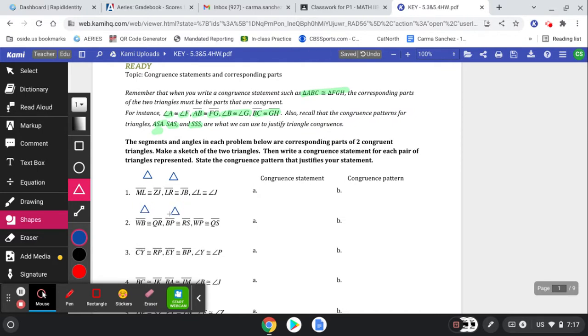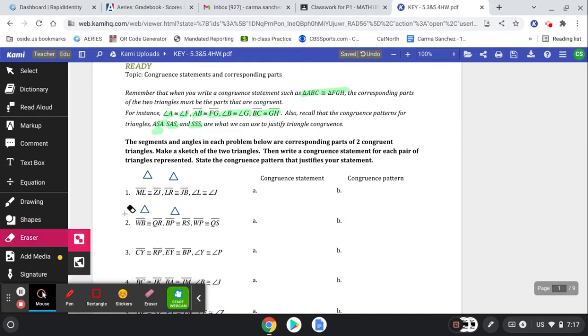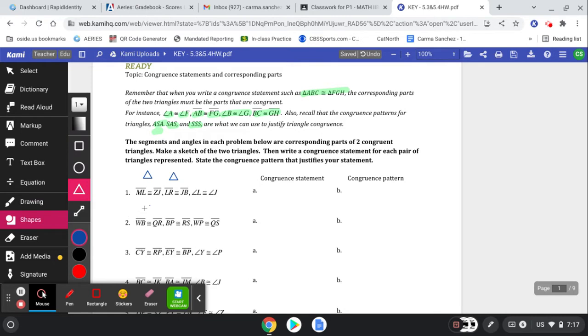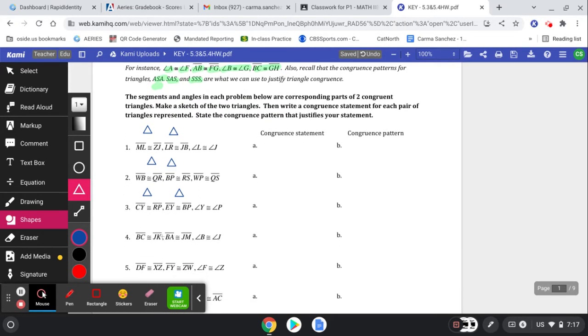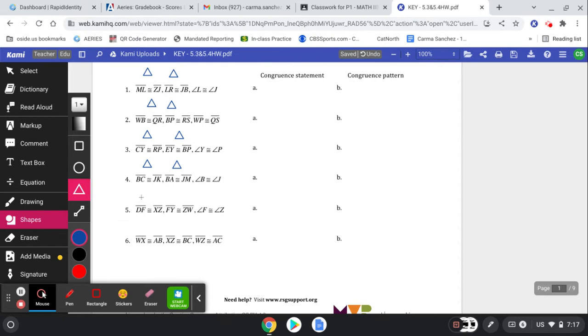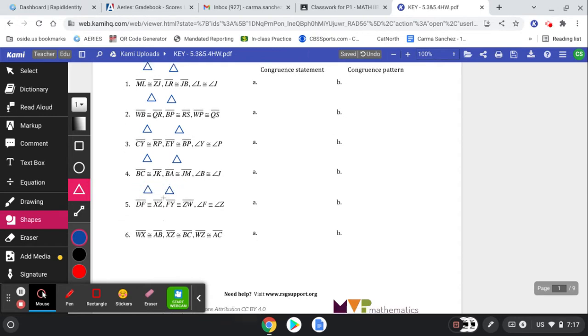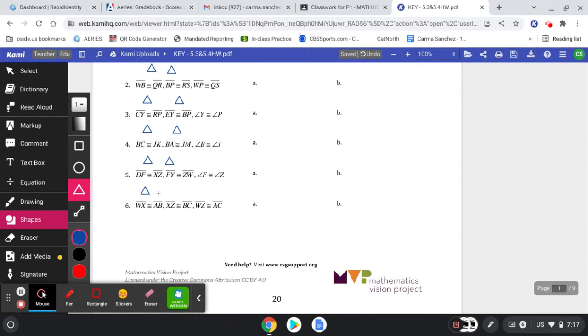So draw yourself some little triangles for each of these. And we don't have a lot of space, so I'm making them tiny in between.